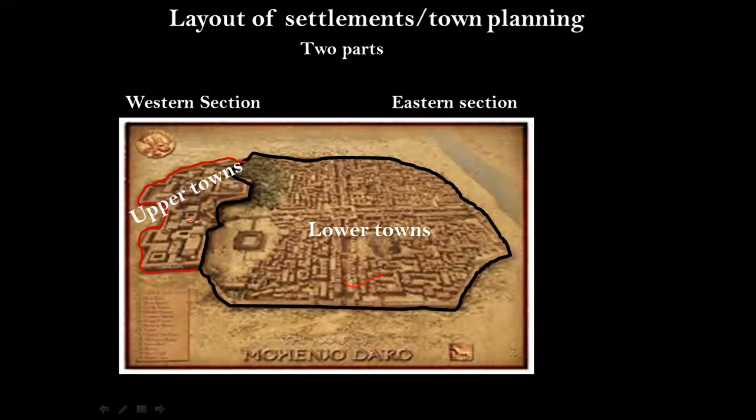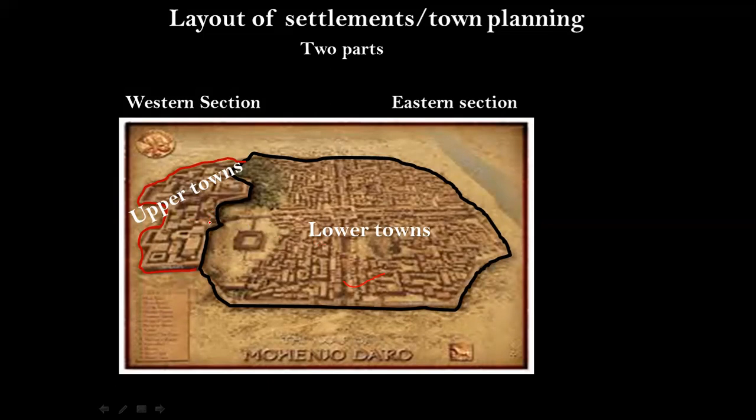Let me also tell you why this western section or upper town was built on the hilltop. The archaeologists and historians give an assumption that maybe the Harappan people knew about foreign invasions or enemy invasions, and therefore the eastern site was built larger in size in the lower town. However, these upper sections were built with proper care, with proper fortification.